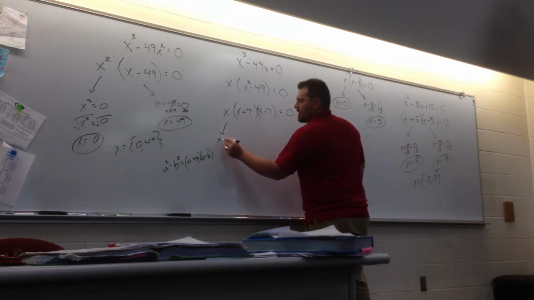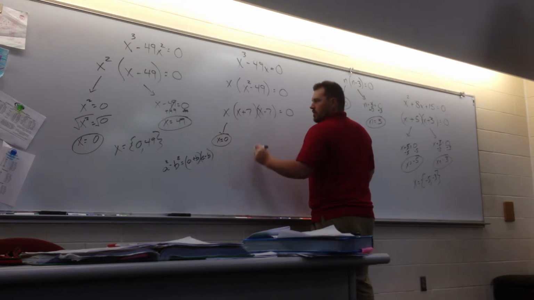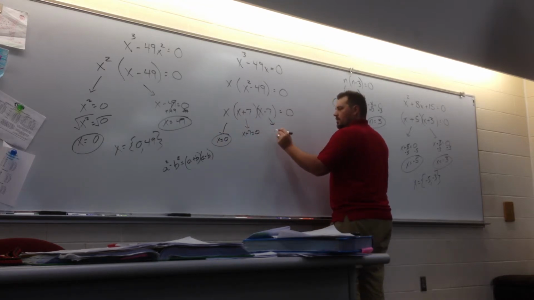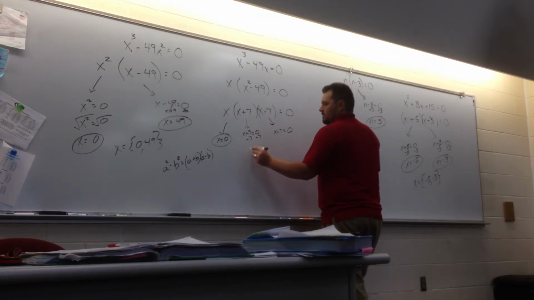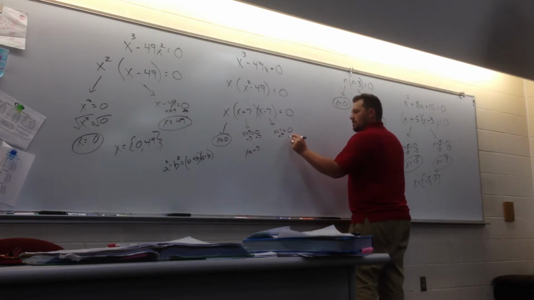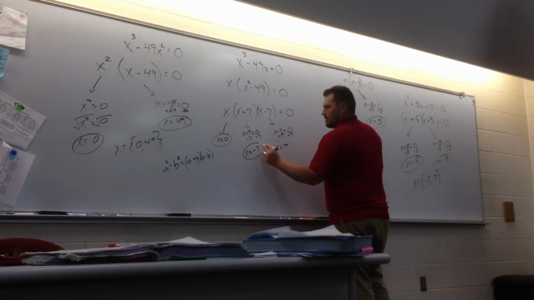So here I have x equals 0. Here, x plus 7 equals 0. And here, x minus 7 equals 0. So x equals negative 7, and x equals positive 7.